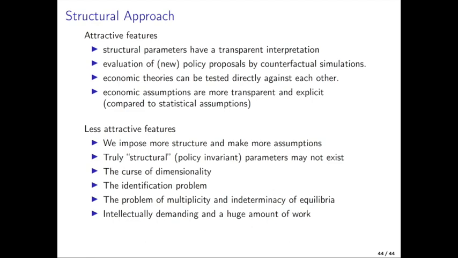Okay, so sometimes it's just easier to go out and elicit time preferences by running experiments and so on. And then there's a problem of multiplicity and indeterminacy of equilibria. That's really a big issue in dynamic games, as we'll talk about later in the course, and makes the model extremely demanding to solve.